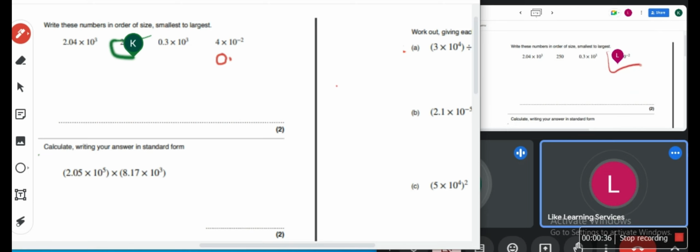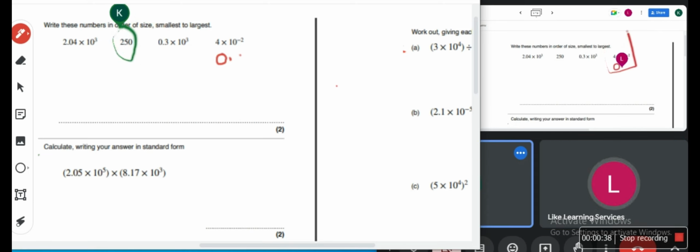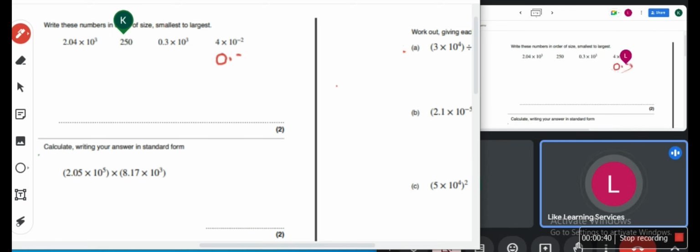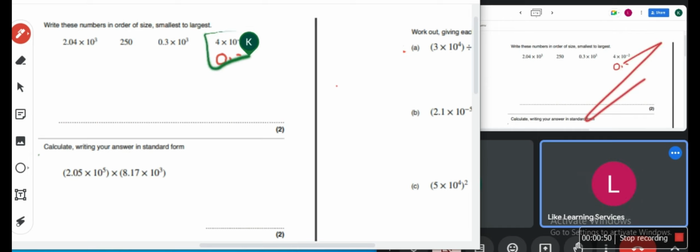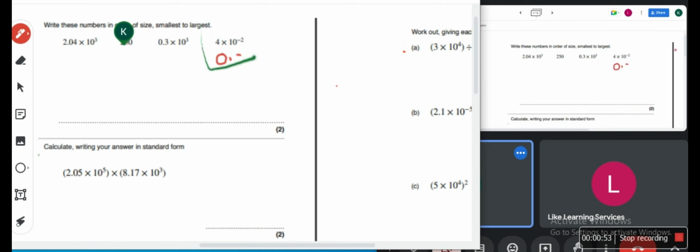What is 4 times 10 to the minus 2, by the way? Write 4 times 10 to the minus 2 as an ordinary number. What does it give? 0.04.